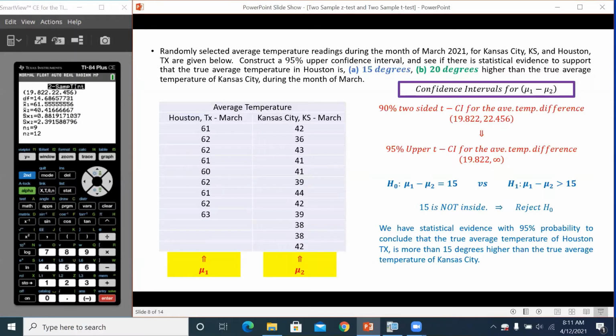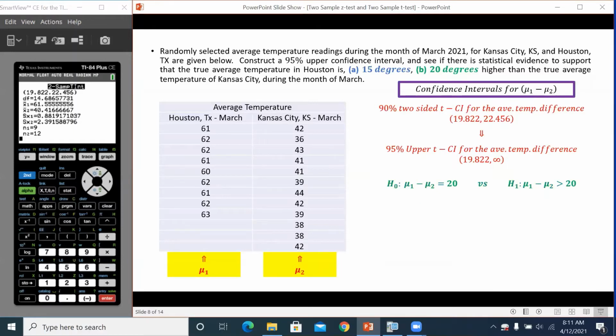All right, next for part B, we have to see if the temperature difference is greater than 20. This means the null hypothesis is hypothesized mean difference, mu1 minus mu2 equals 20. The alternative hypothesis is the hypothesized mean difference is greater than 20. We have to see if 20 is inside of the confidence interval.